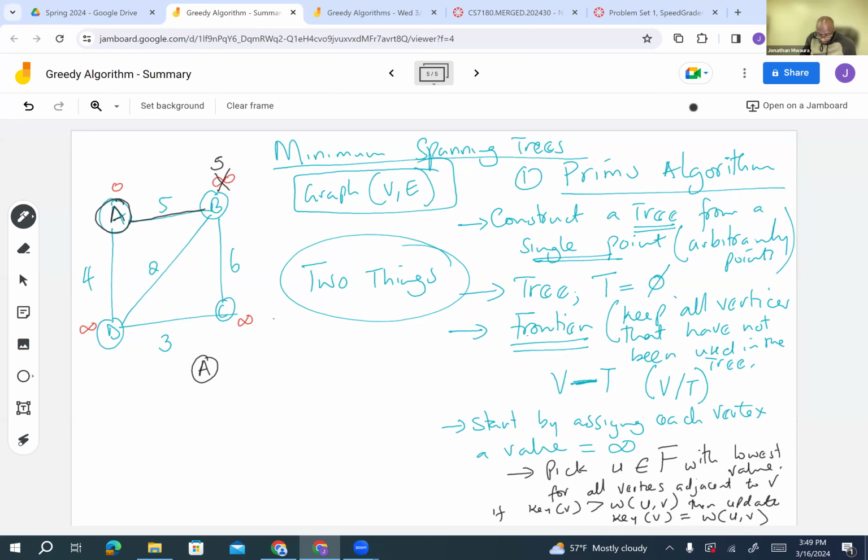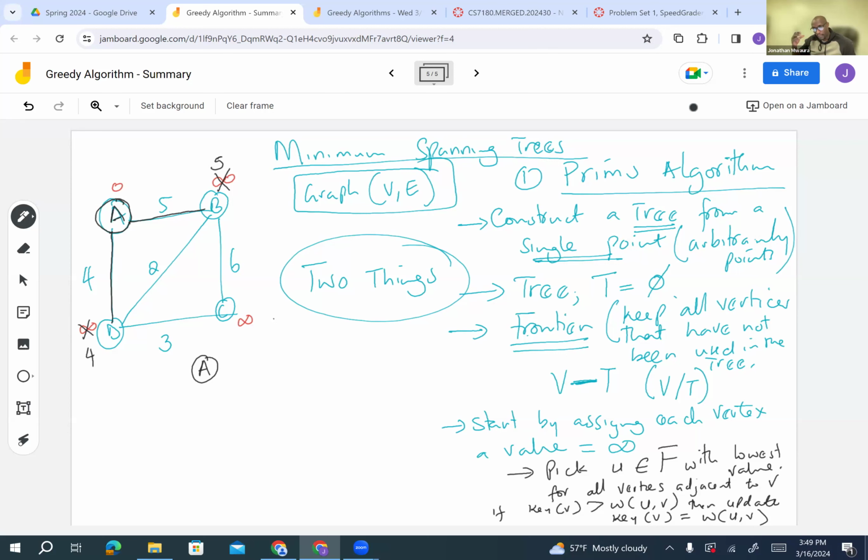And then A to D is 4, so we update this to 4. Now the things in our frontier: we have already popped out A and made it part of the tree, and we have D, B, and C in the frontier. We updated D and B.